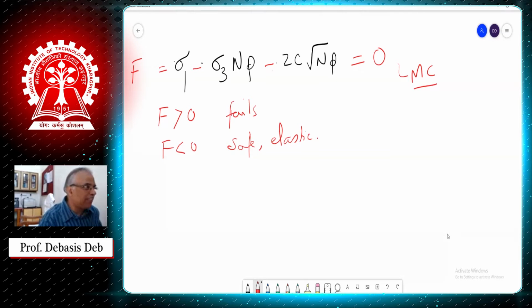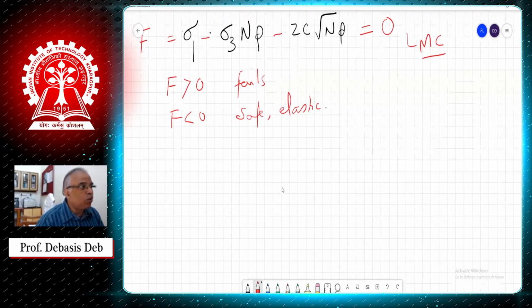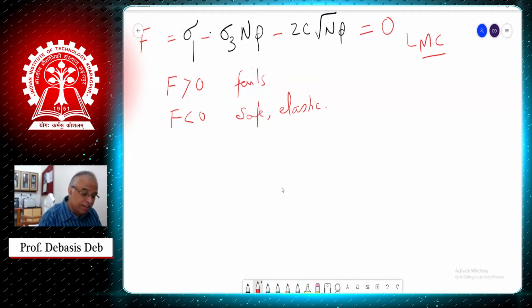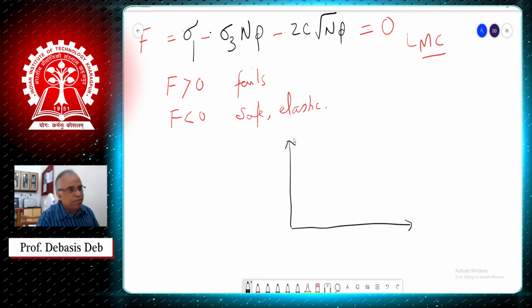So its advantage is also linear, disadvantage is also linear, because the rock normally doesn't behave so linearly. When we test in the laboratory, we find that whatever Mohr-Coulomb is telling us matches to some extent, but not a whole lot.